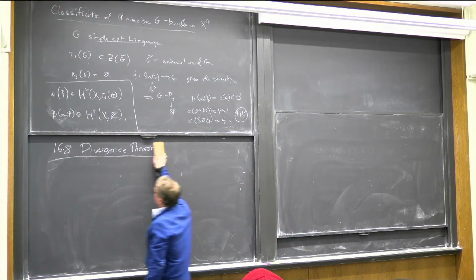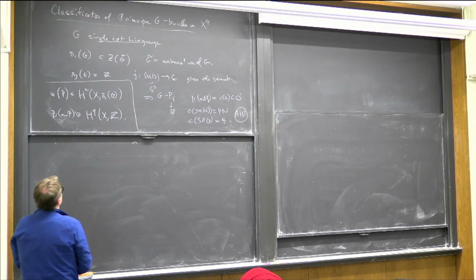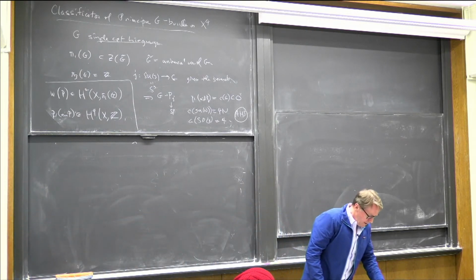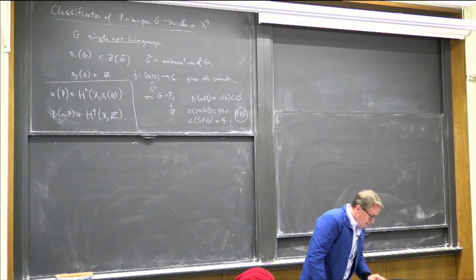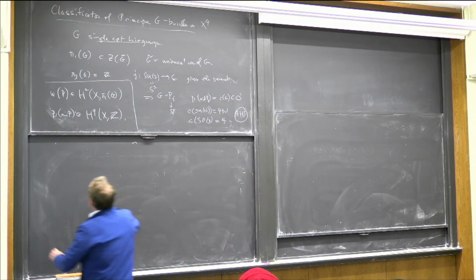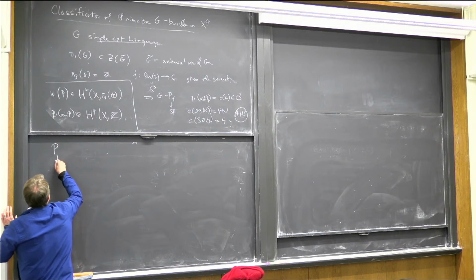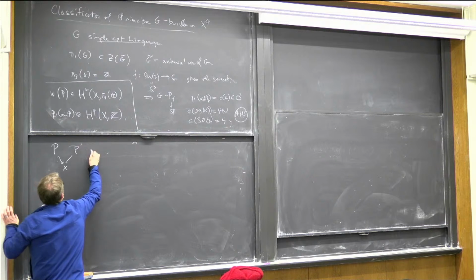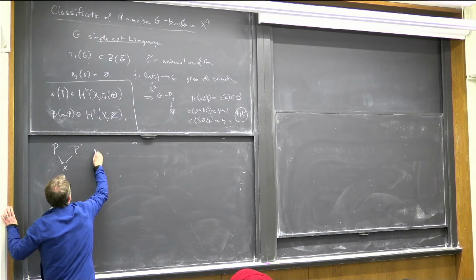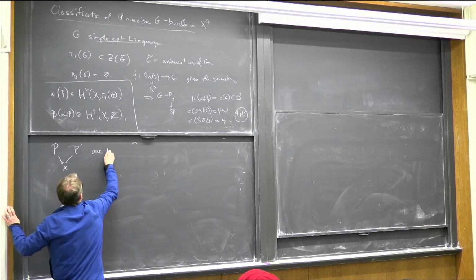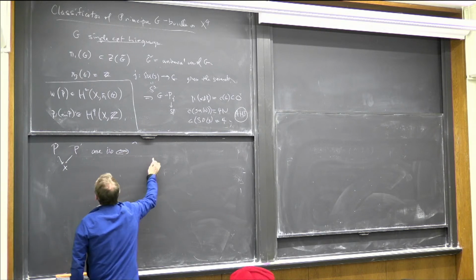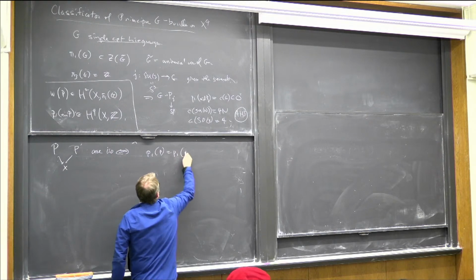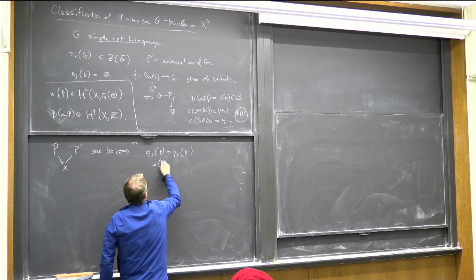No, we won't do that. What else do I want to say about that? Yeah. So, P and P prime over X are isomorphic if and only if these two characteristic classes are the same.